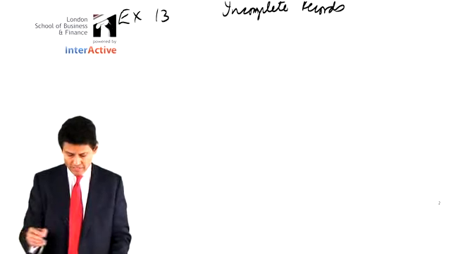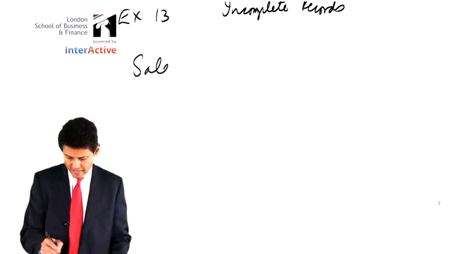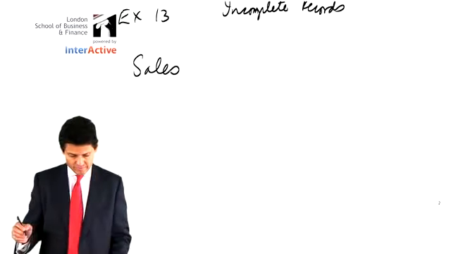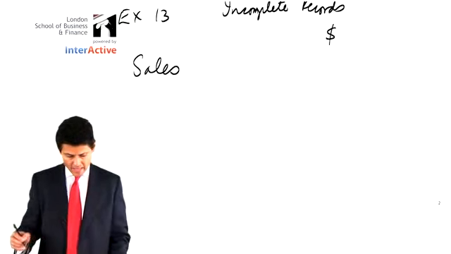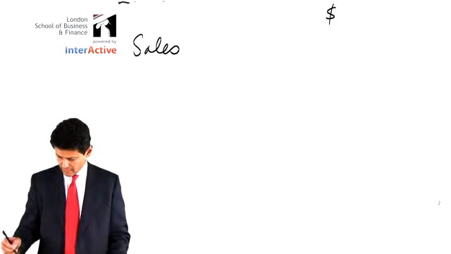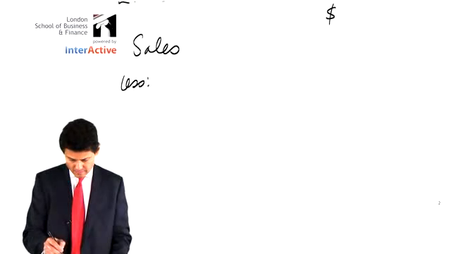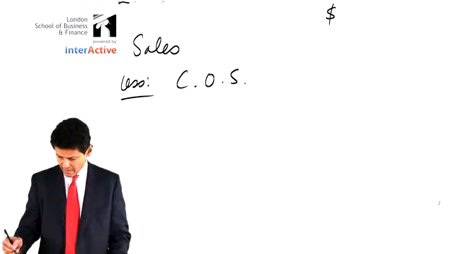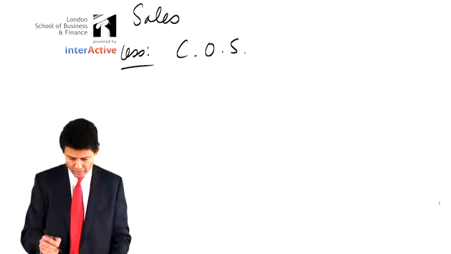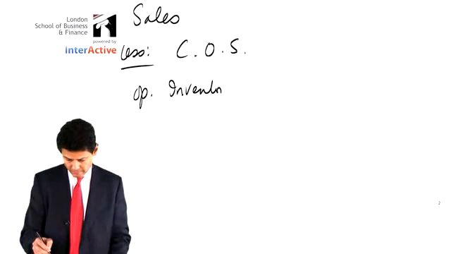So how shall I do this? I suppose I better lay out a nice sales type of figure and dollars there, less cost of sales. And the traditional formula for cost of sales is opening inventory.